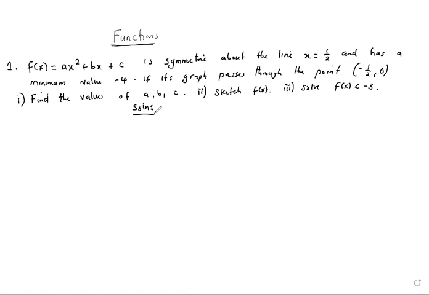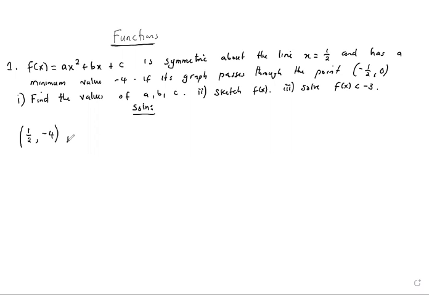Solution. So we're saying that this function is symmetric about the line x is equal to half. What that means is that x is equal to half is the x coordinate of the turning point. They're given that the minimum value is -4, so now we have a complete point.